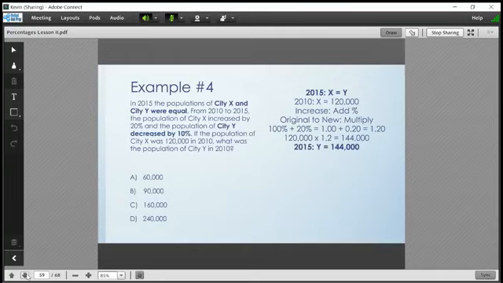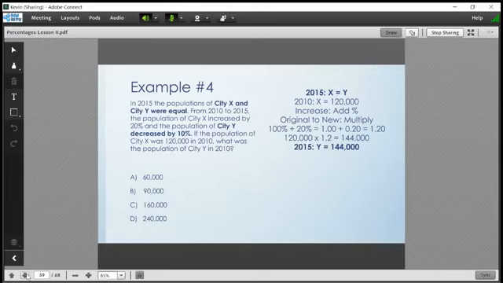But now we have a decrease by 10%. And not only do we have a decrease by 10%, we have to go from 2015 back to 2010. So in this case, we're going from the new value in 2015 for Y, going back to the original value for 2010 for Y. Think about that for a couple of seconds. I'm going to be decreasing by percentage, so what do I need to do?